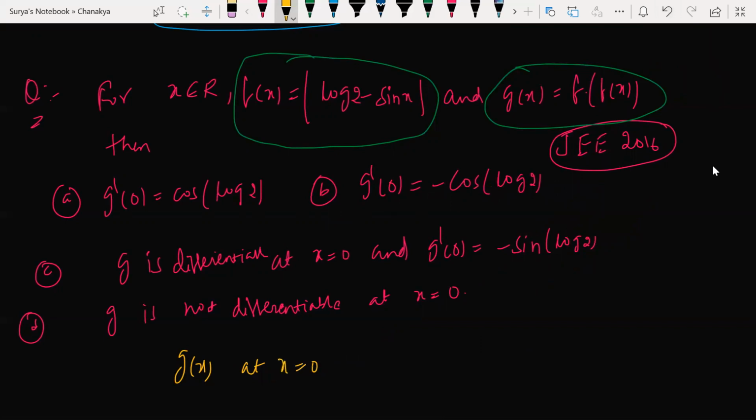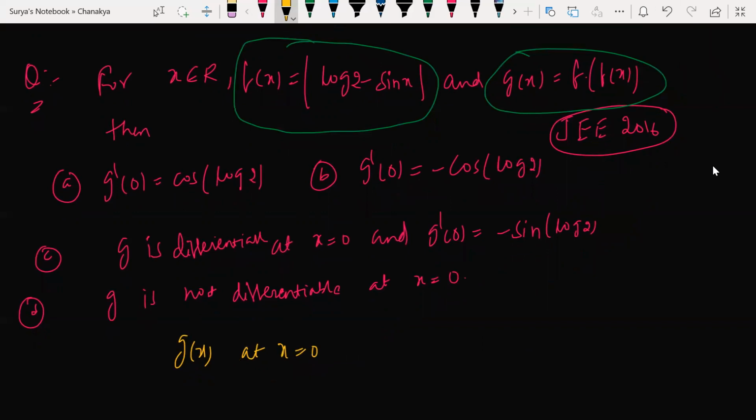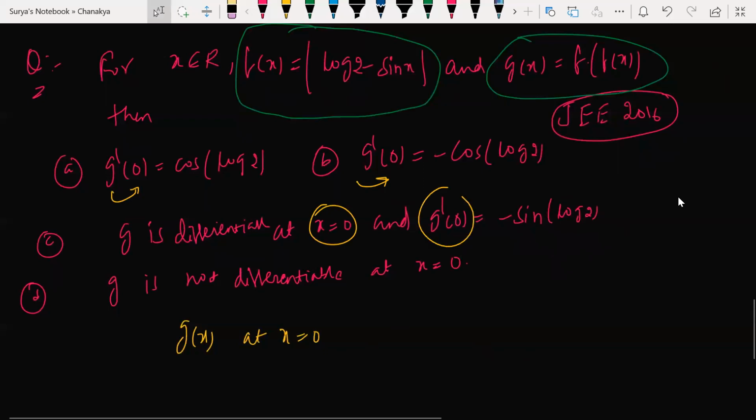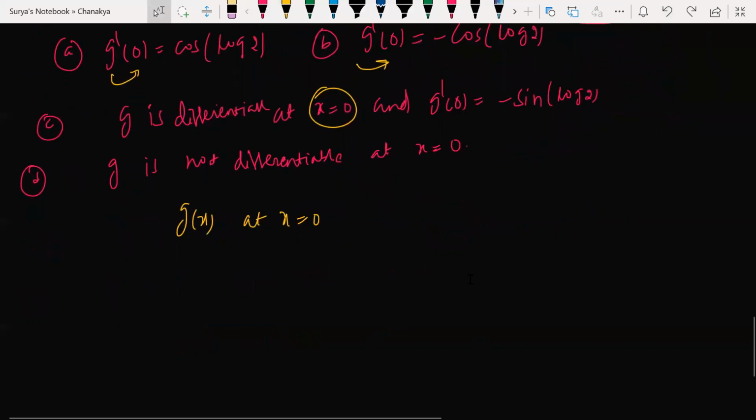If you observe properly, g is differentiable at x is equal to 0 and g dash of 0 is equal to this. So this is what he has given. G is not differentiable at x is equal to 0, right?